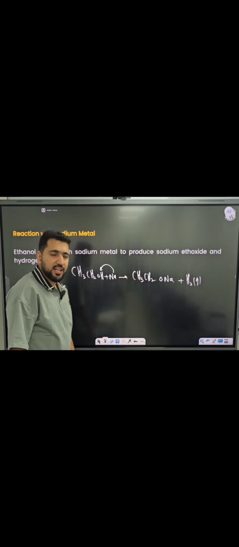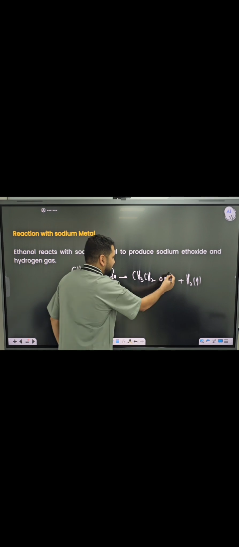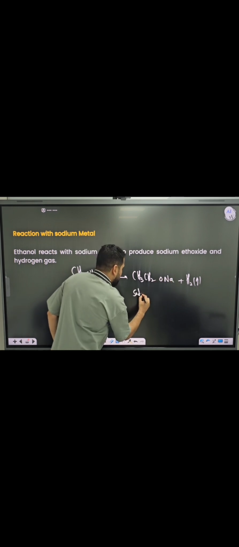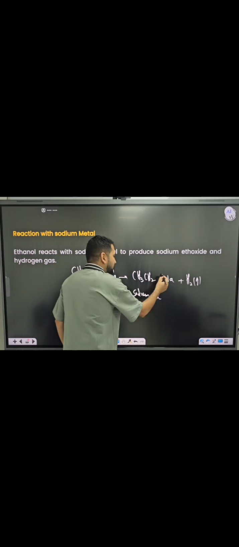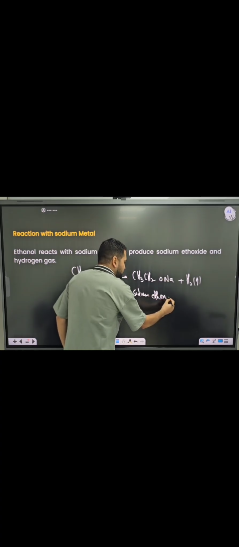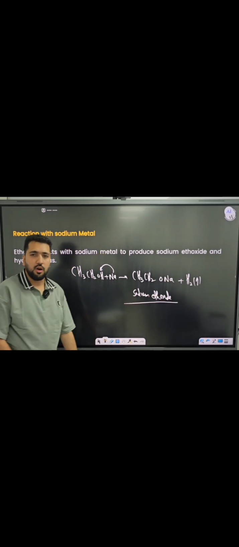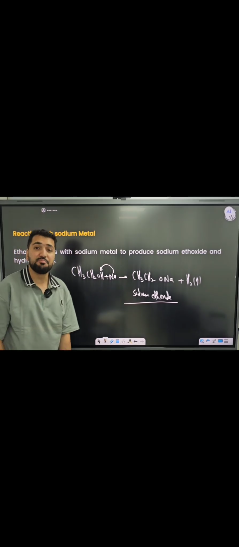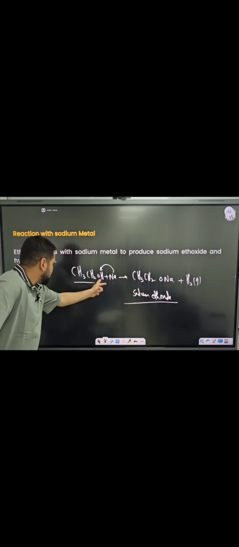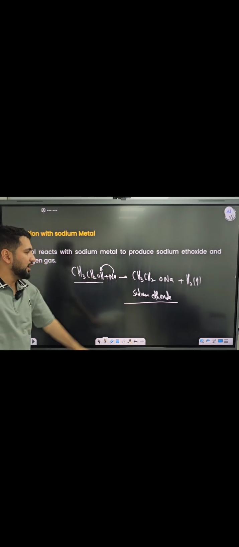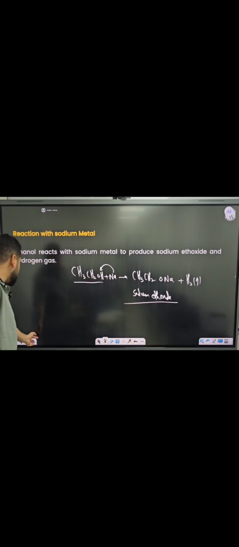Two carbons are there, and there is sodium as well, so I'll write sodium first. Two carbons means ETH, and there is oxygen as well, so in place of oxygen I'll use oxide. So this will be sodium ethoxide. When you treat ethanol with sodium metal, it leads to the formation of sodium ethoxide.